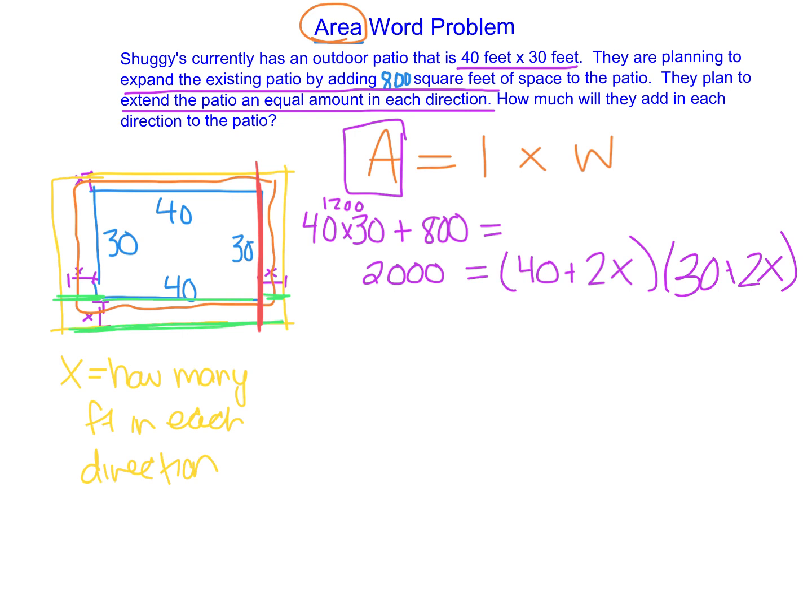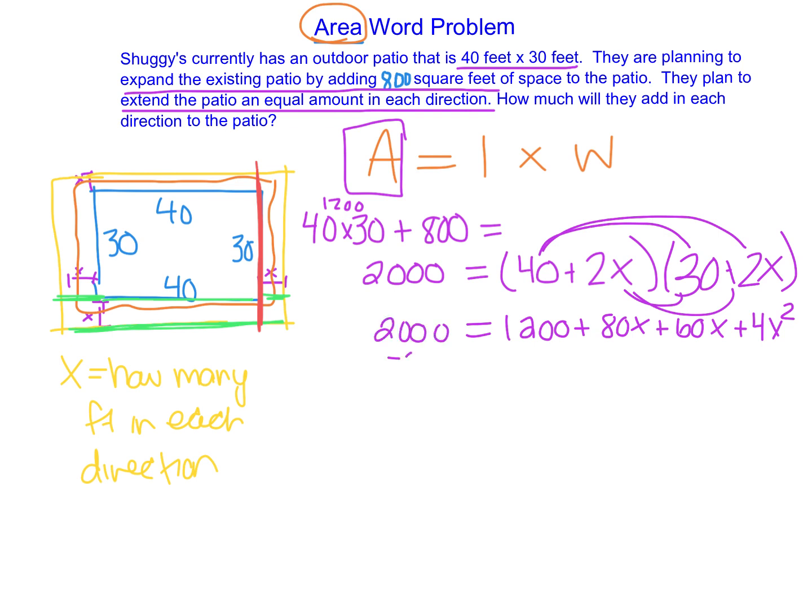Now, in order to even start solving this, we need to multiply all of this out and get everything on the same side of the equation. So we need to multiply out 40 times 30 and 40 times 2x, which is 1,200 plus 80x. Then we need to take 2x times 30, which is 60x, and 2x times 2x, which is 4x squared.